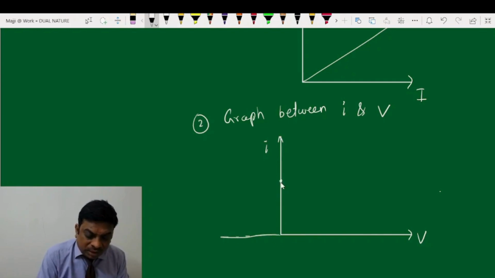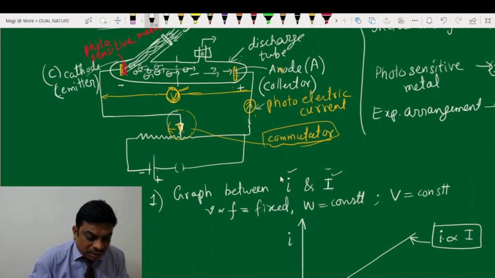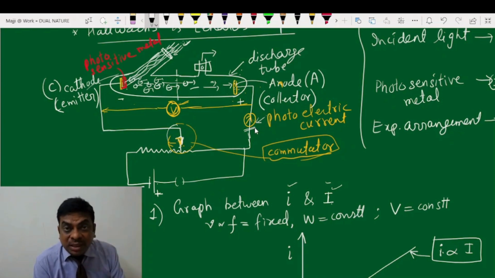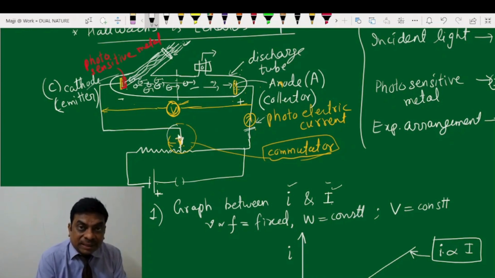Now if there is no voltage, that is, if we simply connect the emitter and the collector with a wire without any potential difference, still we can see that the ammeter will show some reading indicating that a current is flowing in the circuit, even though there is no apparent potential difference between cathode and anode. How is it possible, students?